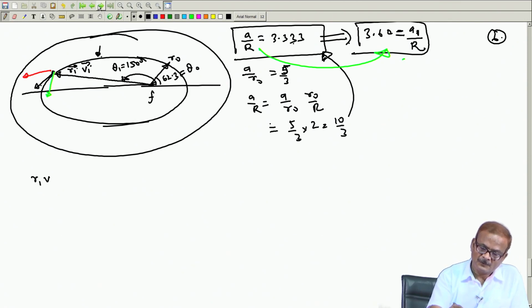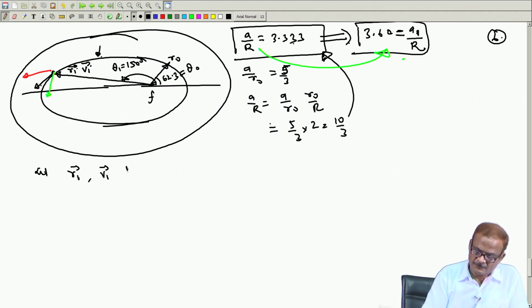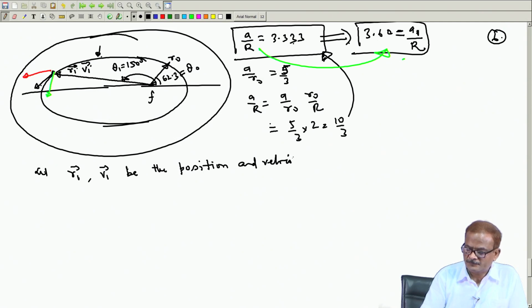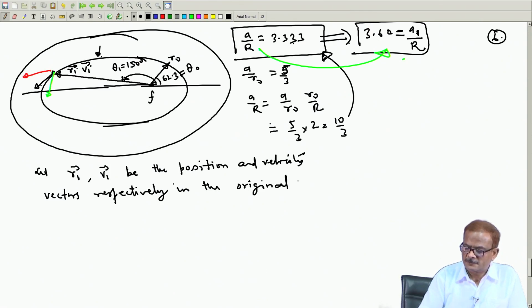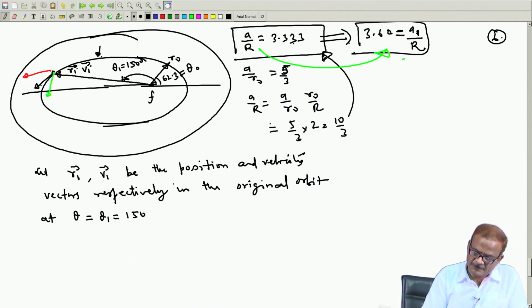So, let r 1 v 1 be the position and velocity vectors respectively in the original orbit at theta equal to theta 1 equal to 150 degree.